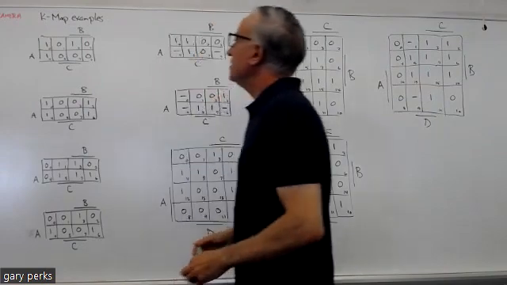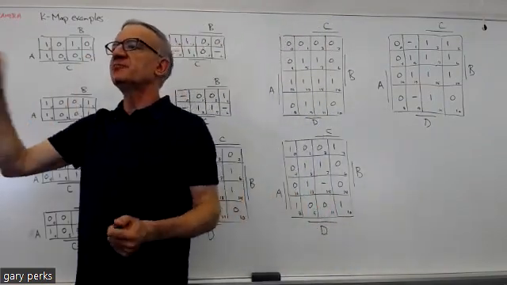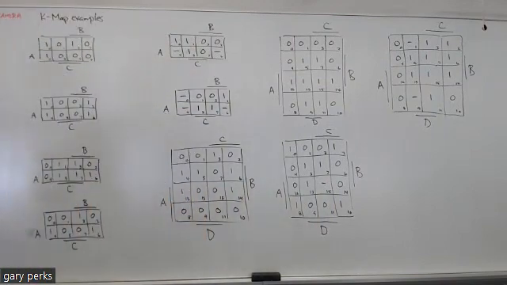All right, so we're going to look at this one first. Again, you can either group 1s or 0s. If I group 1s, what expression am I going to get? What's my output if I group ones? K-maps come from a truth table.